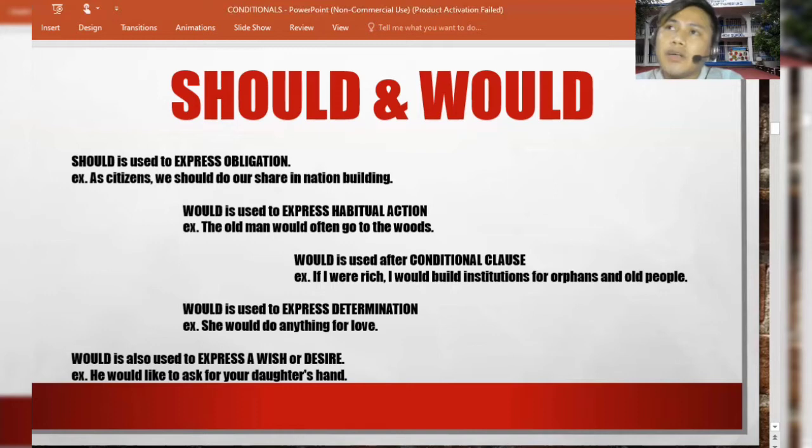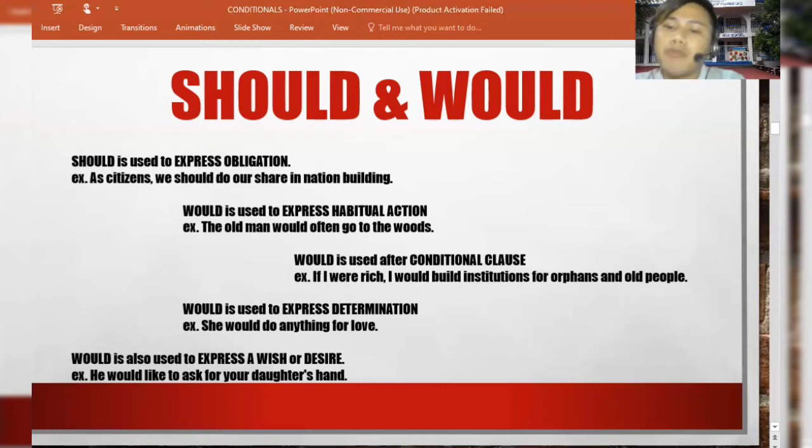Whereas you are trying to express an action that you are supposed to be performing as an individual. So just like our example here, as citizens, we should do our share in nation building. So there is an obligation being expressed, okay, by someone else that they have to do their share as a Filipino citizen, okay, to make our country better.